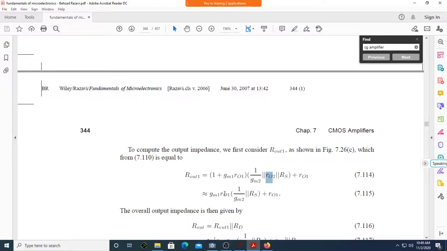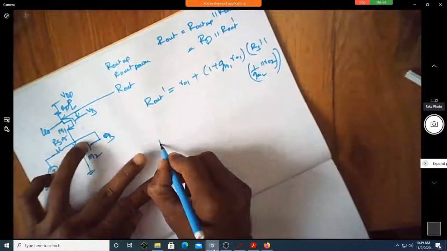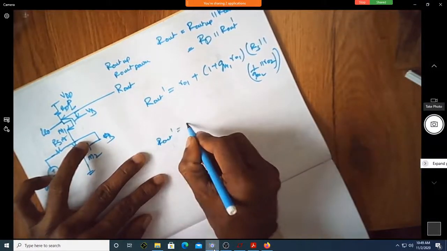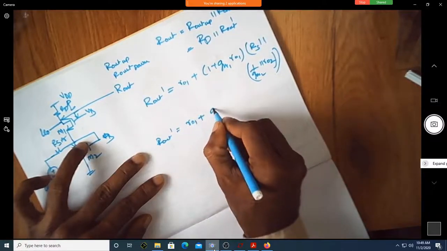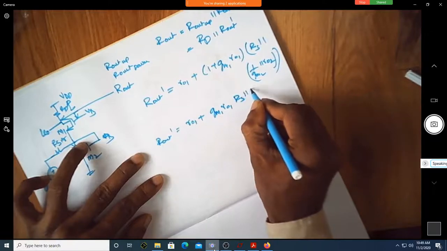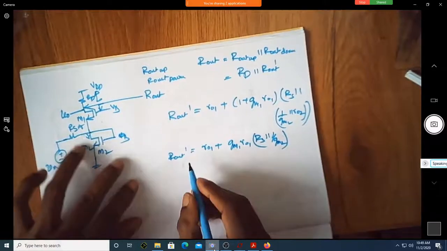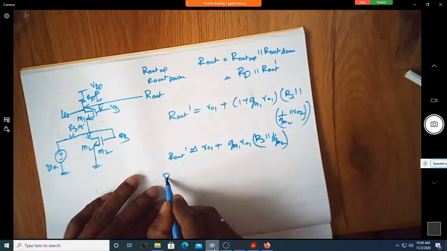So if I come back to my notes, shall I now write R0 dash approximately as R01 plus (1 plus gm1 R01) times RS in parallel with 1 over gm2. So what is the overall R out now?